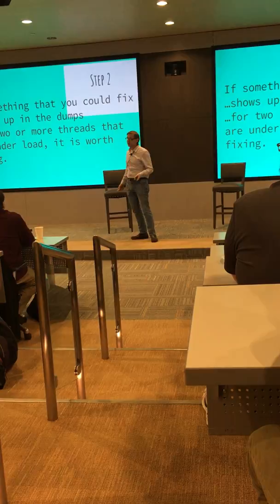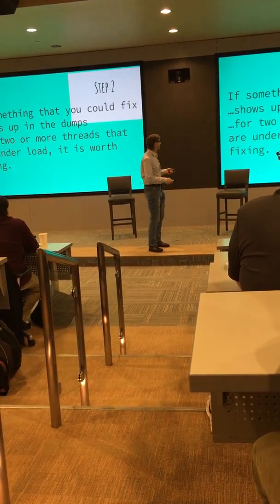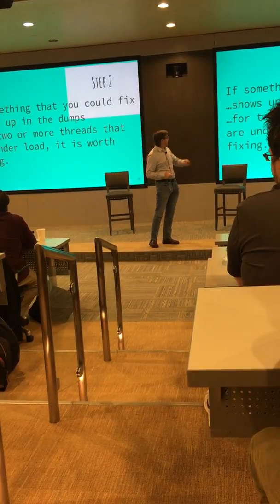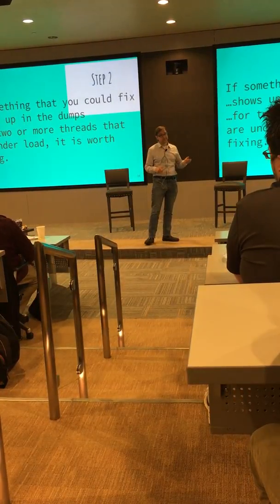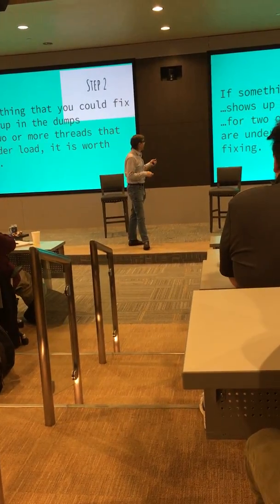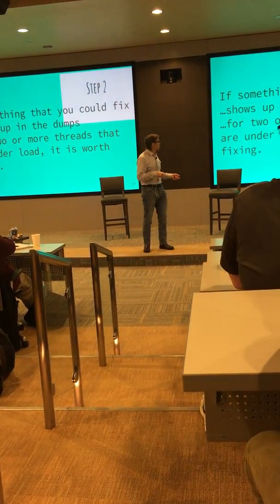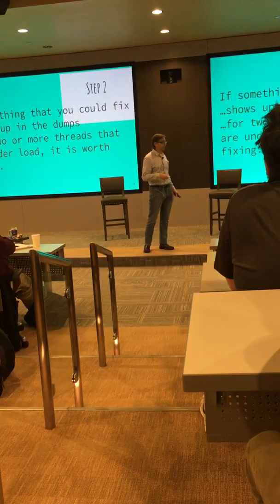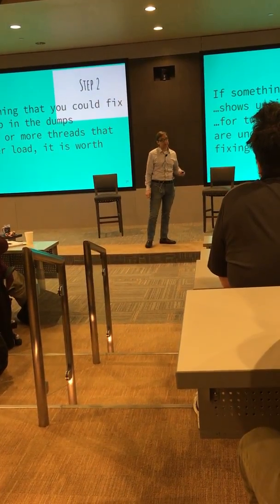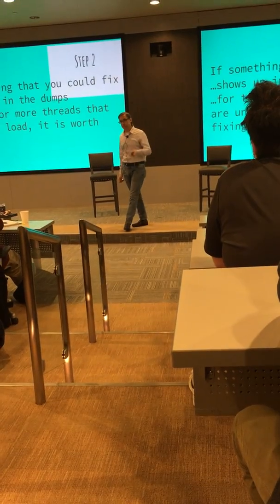And then, here's where the analysis part comes in. If something that you can fix shows up in one of these dumps, and you see that in 2 or more threads, these threads that are under load, okay, that's worth fixing. That is going to buy you a performance gain.